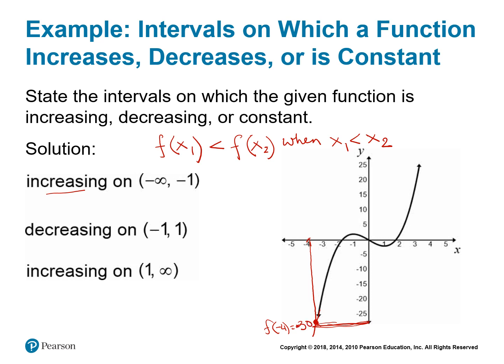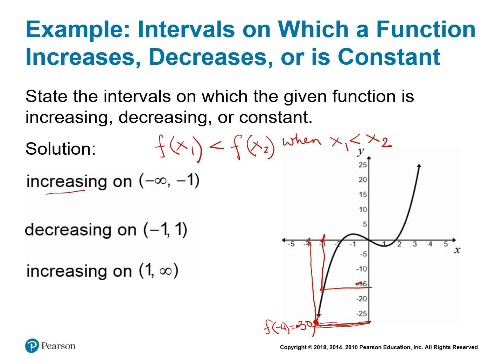Now let's see what the y value for negative 3 is. So f of negative 3, let's again drop a line from negative 3, and see that it's probably negative 15.